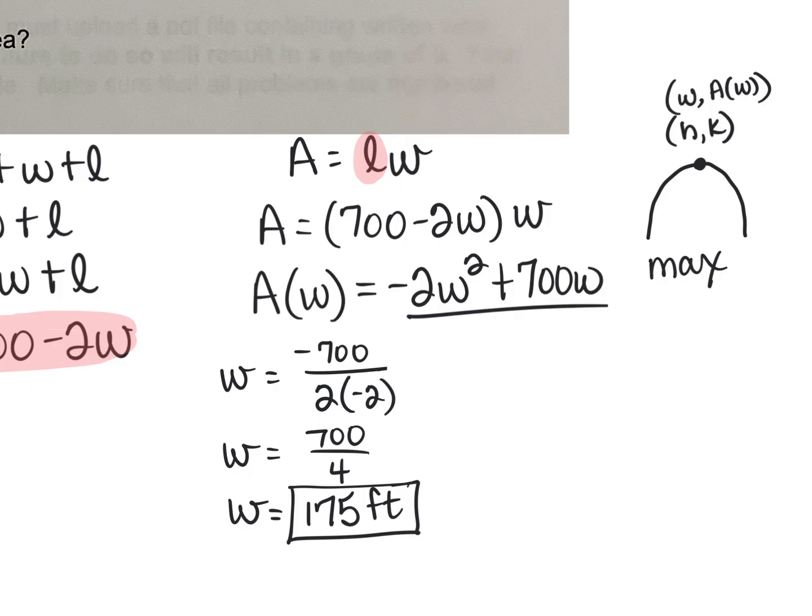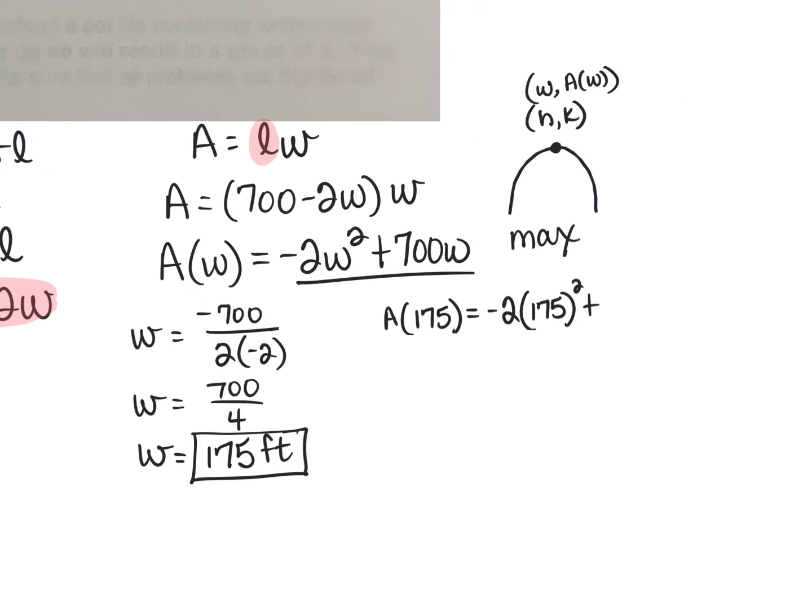So if I had the area when my width is 175, that's going to give you what your maximized area is. So we simply plug this in, which is identically the same as finding the k value or the A of W value. So you would just plug your 175 in, and this is going to tell us that we have 175 squared, a very large number, times negative 2.